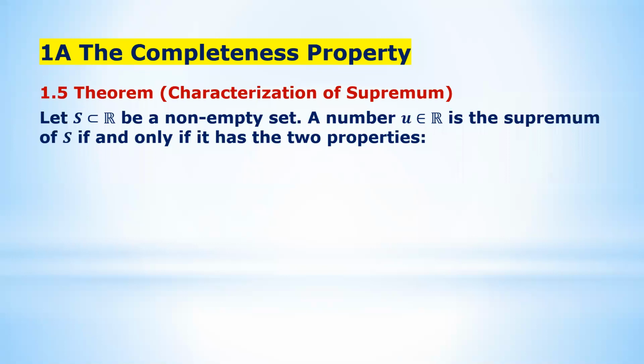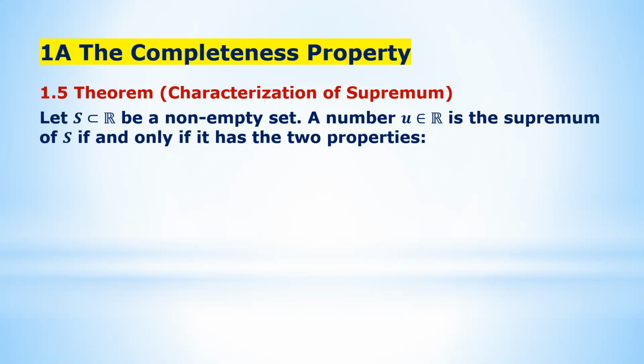So let's say S is a non-empty set. Now, a number U is a supremum of S if and only if the following two properties hold. What this theorem is saying is that we can use two other properties to define the supremum of a set.